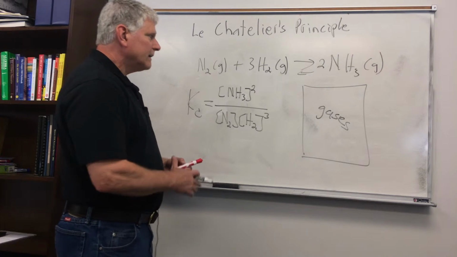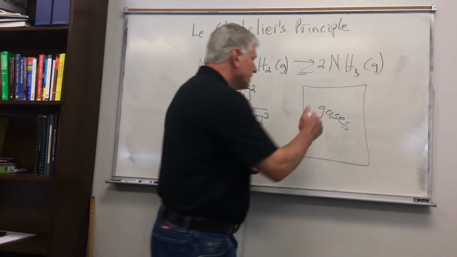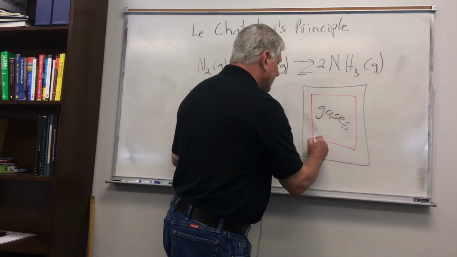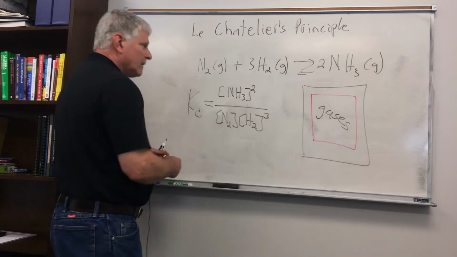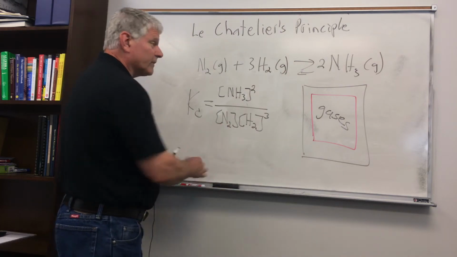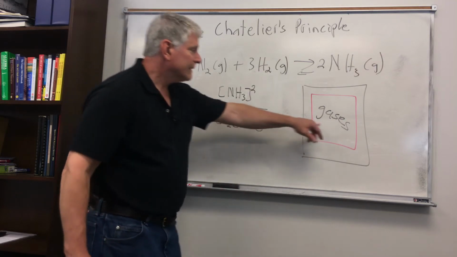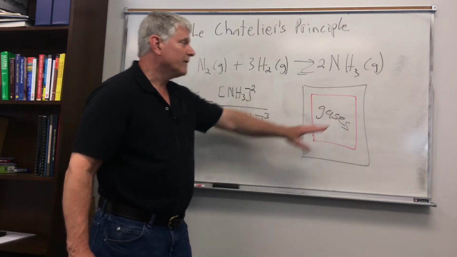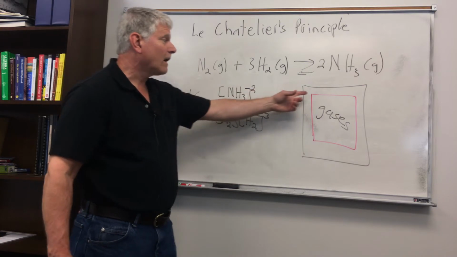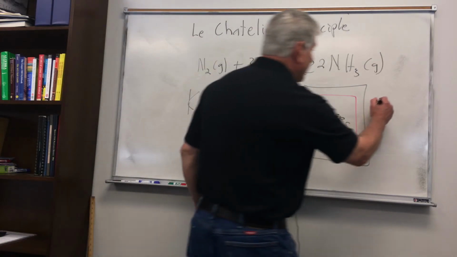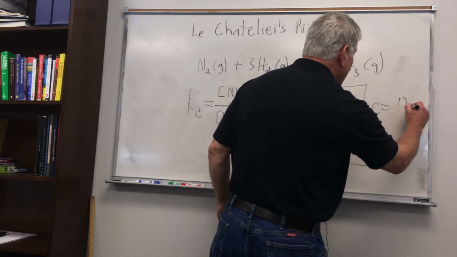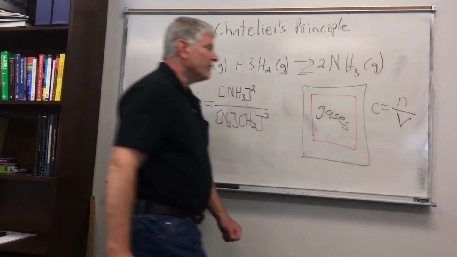And then say we decrease the size of the container. So that will increase the pressure inside the container. So now if we decrease the volume of the container, we're changing the concentrations, because remember, concentration is moles divided by volume.